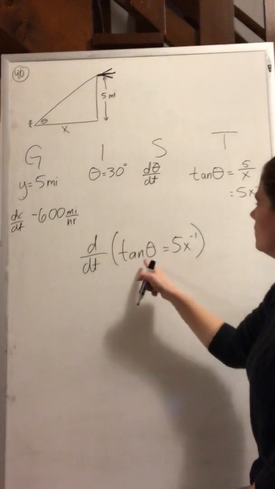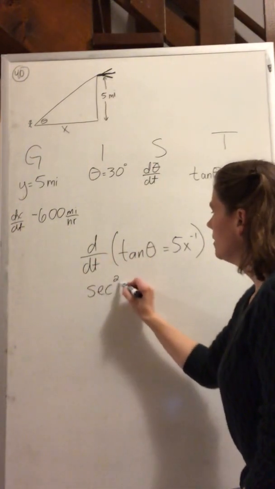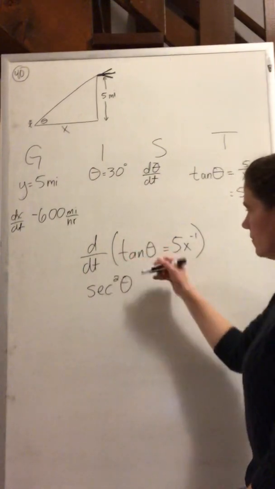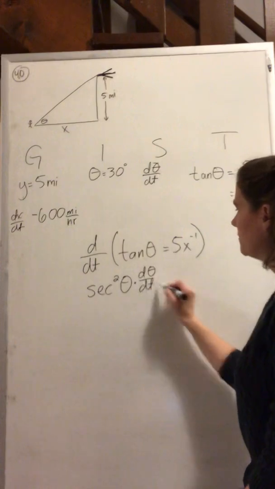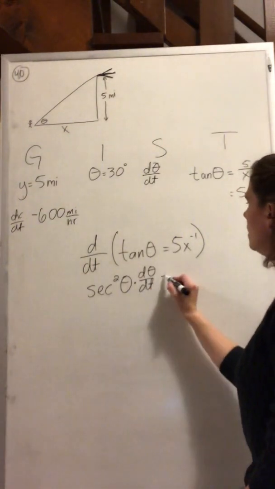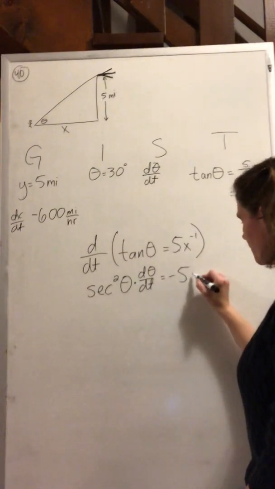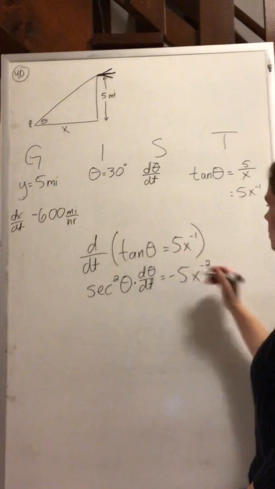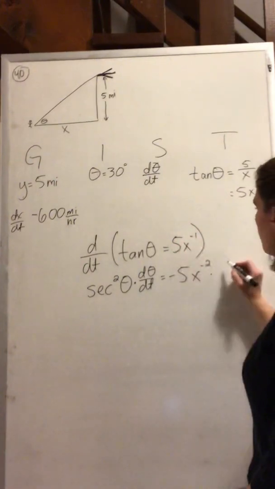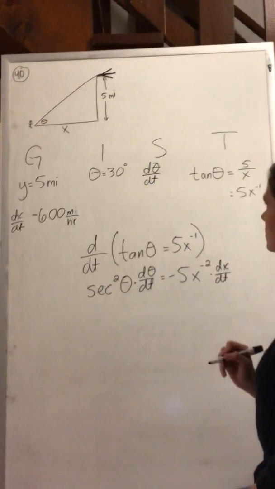So then the derivative with respect to time of tangent of theta is going to be secant squared theta times how the angle is changing with respect to time. This is going to be negative 5x to the negative 2, derivative of the outside function, times the derivative of the inside function, which is dx over dt.